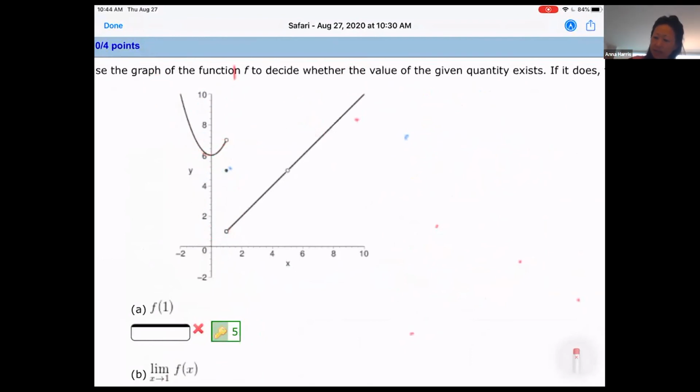What is f of 5? So this is a 5, looks like to me. Those missing numbers, I'm plugging in. Where does f of 5 approach to?